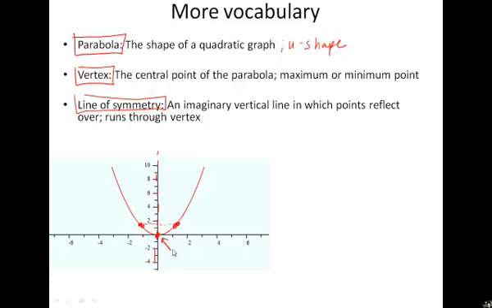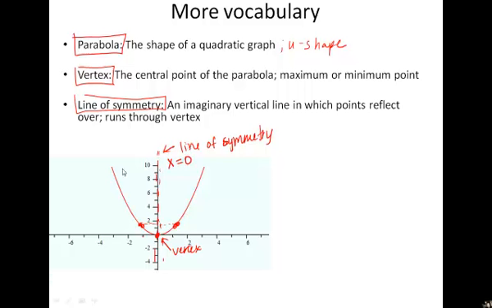Here is our vertex, and the line of symmetry. Do make note that because it's vertical, we would always write x equals 0 in this case, because that is the vertical line that marks the line of symmetry.